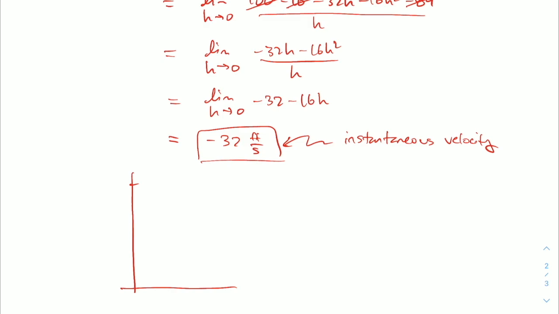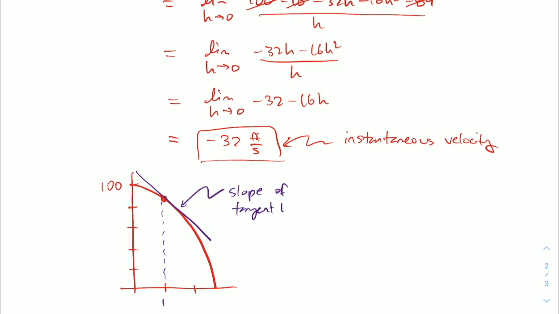All right, let's consider what we just did graphically. We have this function, 100 minus 16t squared. It looks like this. We're looking at the point 1. What we just did is compute the slope of this tangent line at the point t equals 1.